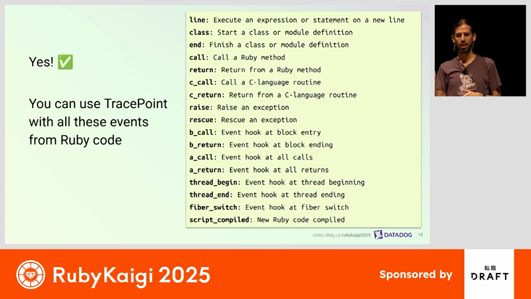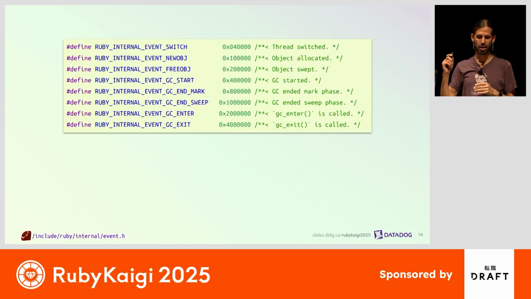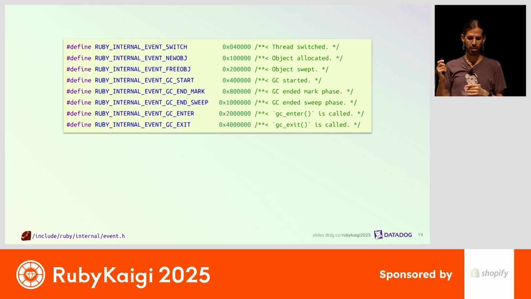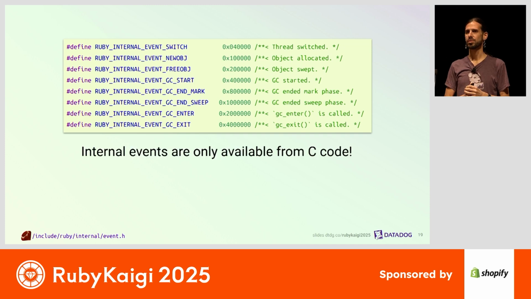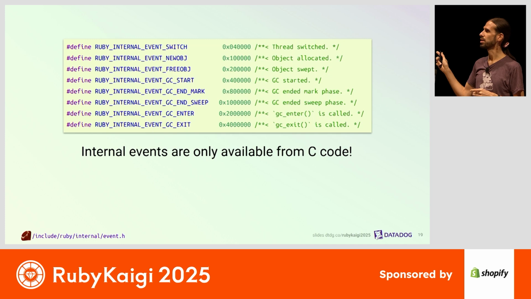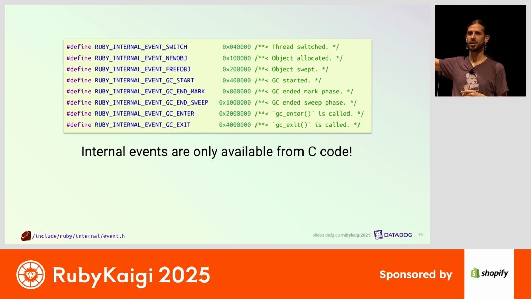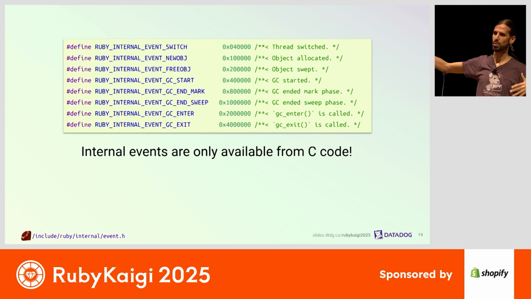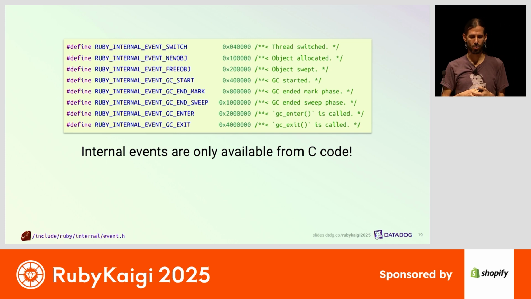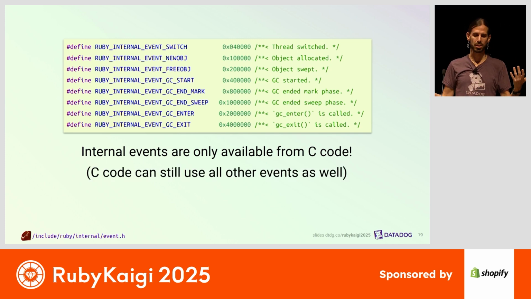That's from Ruby code. But there is a bit more to tracepoints: there are a few more special events, the internal tracepoint events. And you can really only use these internal events from C code. So you cannot use these events with the regular Ruby TracePoint class. Obviously, C code can still use all the other events.